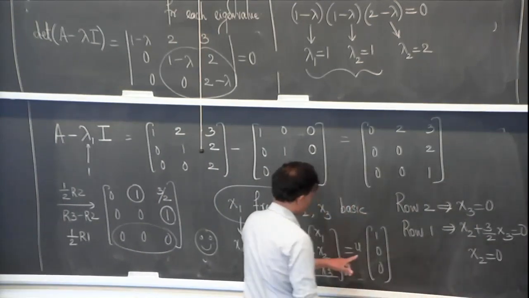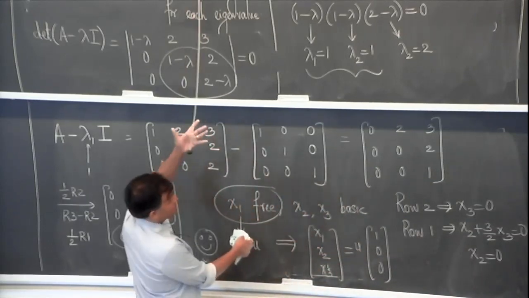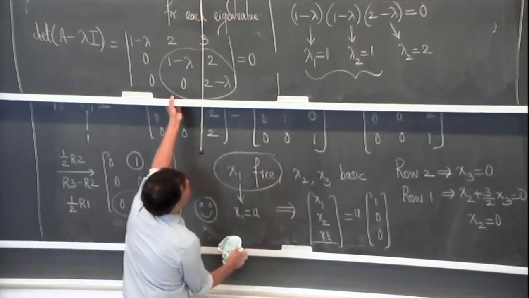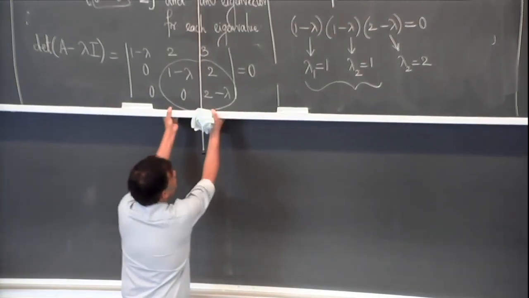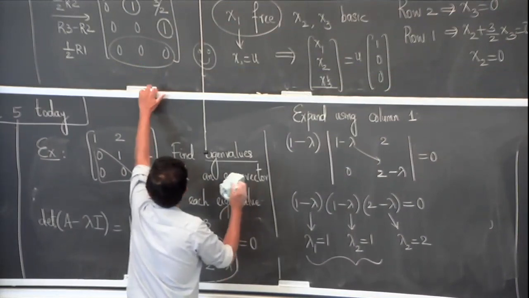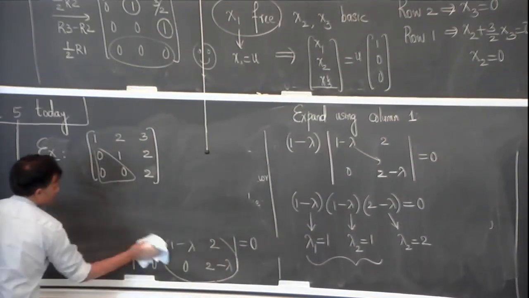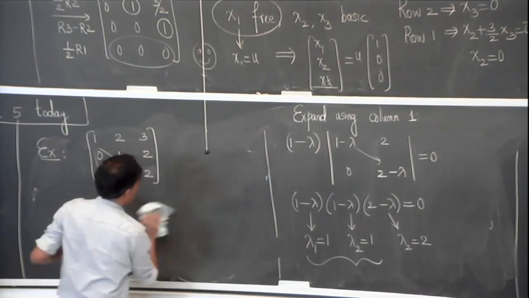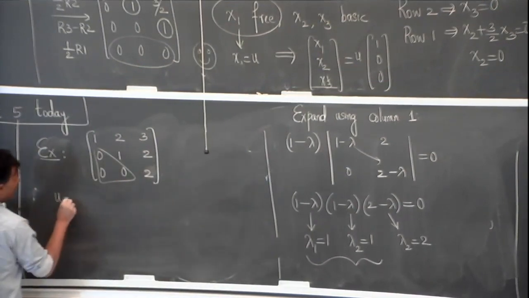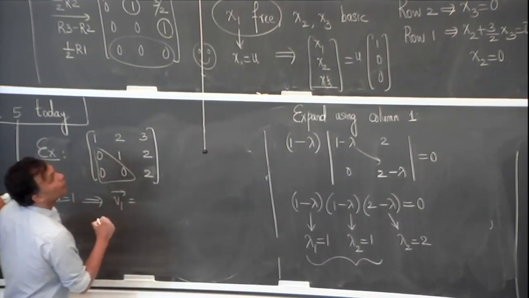As always, you can set U equal to 1 to get an eigenvector. So set U equal to 1, and an eigenvector is V1 equal to 1, 0, 0.